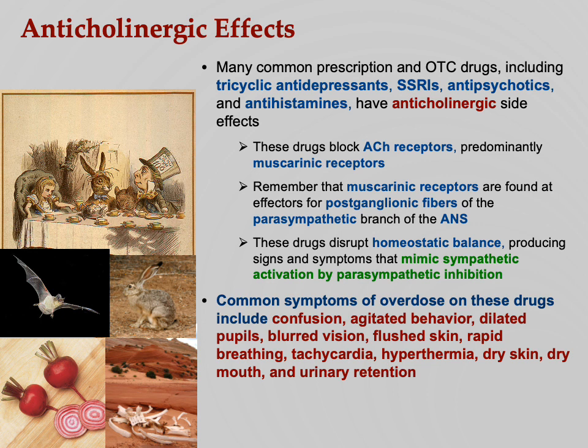It'll try to bring blood up to the surface so that the air can cool it down. So you're going to look red, all right? Rapid breathing, because again, sympathetic activation of the lungs, all right? Dry skin, you can't sweat. You're blocking the merocrine receptors. Dry mouth, you can't salivate. Urination, parasympathetic, you can't pee. So look, it all fits together.